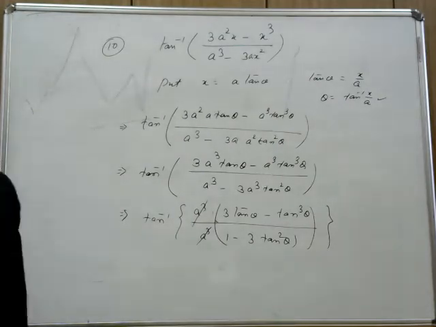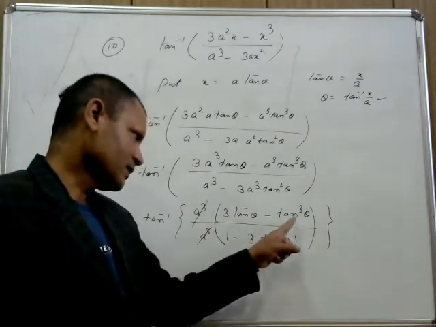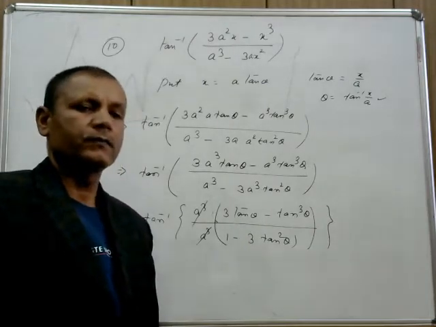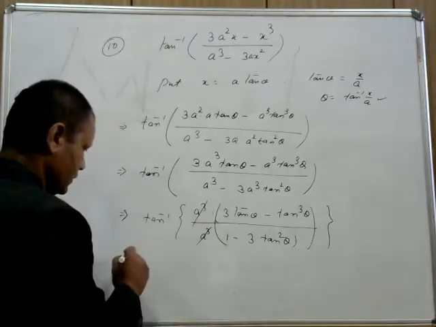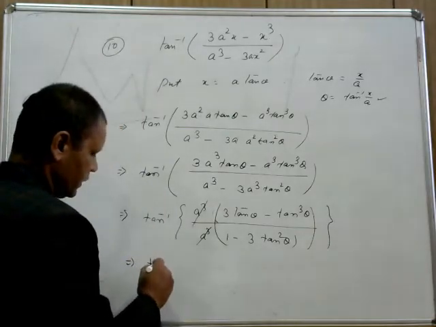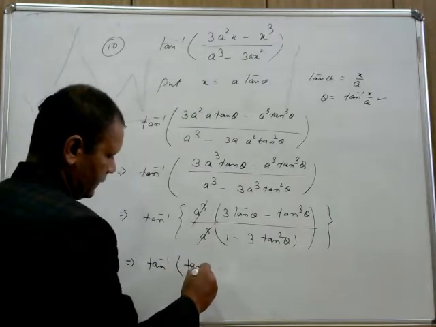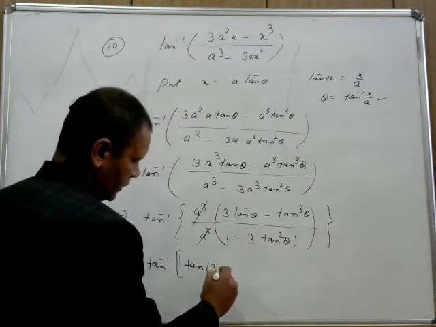Do you remember any formula? 3 tan theta minus tan cube theta upon 1 minus 3 tan square theta. That is equal to what? Tan 3 theta. That implies that this is equal to tan inverse tan 3 theta.